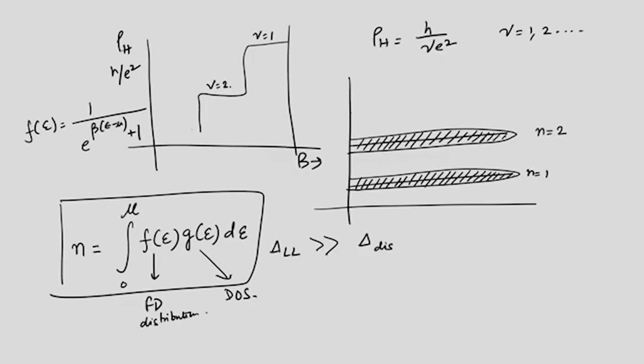Now, as you bring the magnetic field into the problem, the electrons are still non-interacting, but the energy levels change. If you still want to calculate, your n becomes a function of B, or rather your mu becomes a function of B. That is, your chemical potential continuously has to adjust itself so that it can accommodate more and more electrons into the system as B becomes larger and larger.